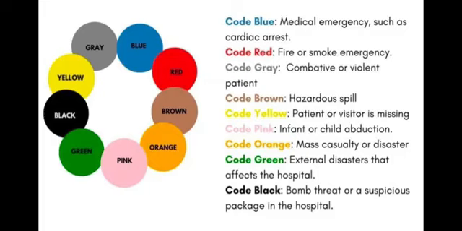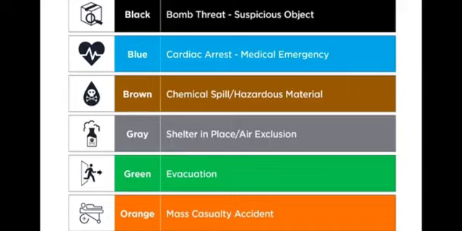This is a small picture. You should know about this picture. You can learn from this picture, and we can use signs as well. Black: bomb blasts, suspicious objects. You can see the search sign on this image. This is for a suspicious object. Blue: cardiac arrest, you can see the ECG sign on this.